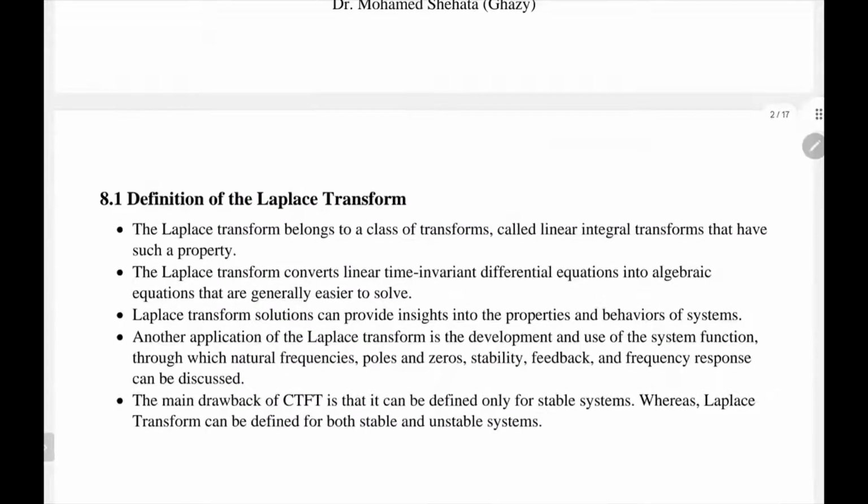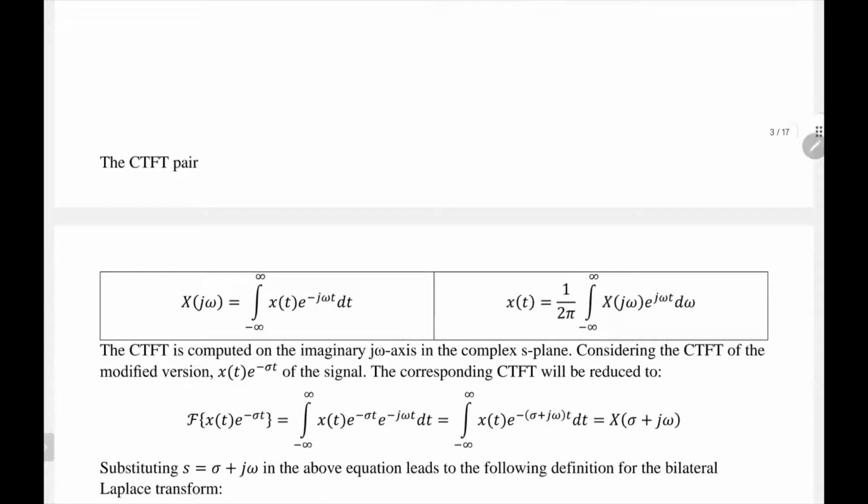What is the difference between Fourier transform and the other one? If you look at Fourier transform, you multiply the signal by e to the power minus j omega t, and then you find the Fourier transform. Laplace is very similar, but we do not multiply by e raised to an imaginary part only.